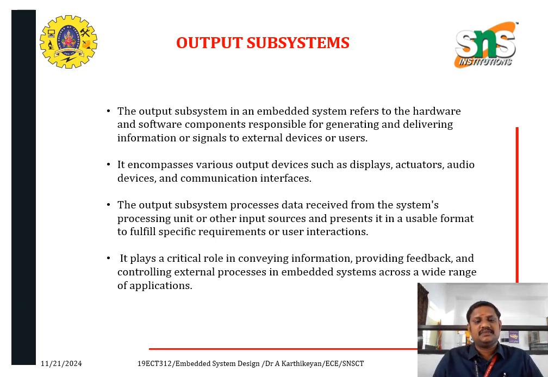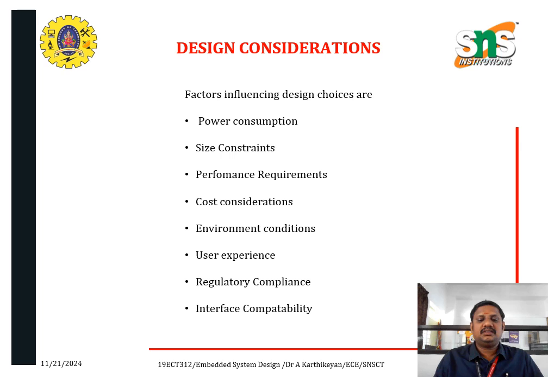It plays a crucial role in conveying information, providing feedback, and controlling external processes in embedded systems across a wide range of applications. The output system is important because it interconnects the real parameter and the inbuilt parameter.